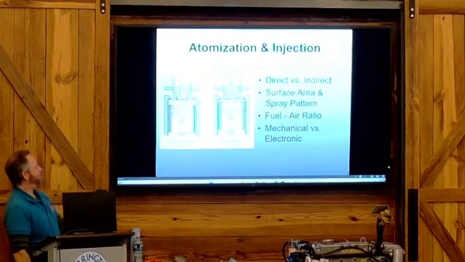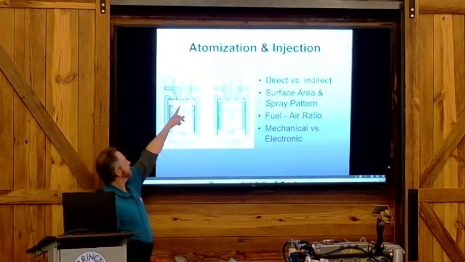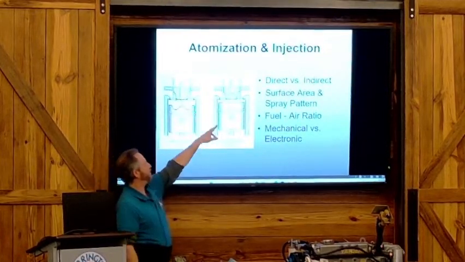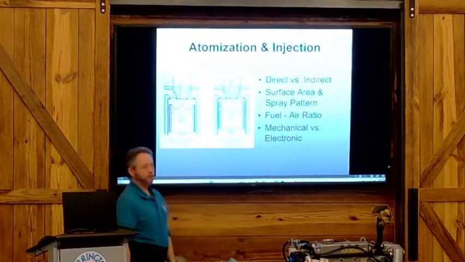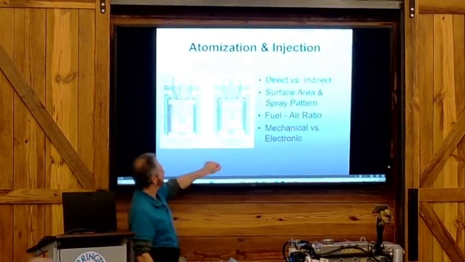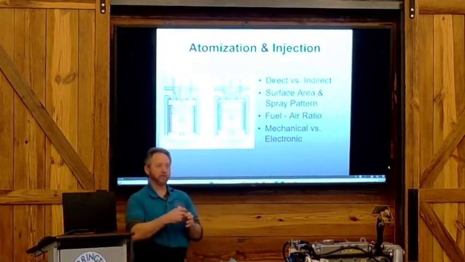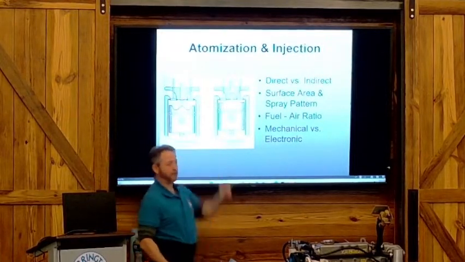All right, so direct injection and indirect injection. You can see here the injector is spraying directly on top of the piston, and on this one, there's a pre-combustion chamber that the fuel is spraying into. When we're compressing the air, that air goes through this tiny little hole and superheats the air going into the pre-combustion chamber.